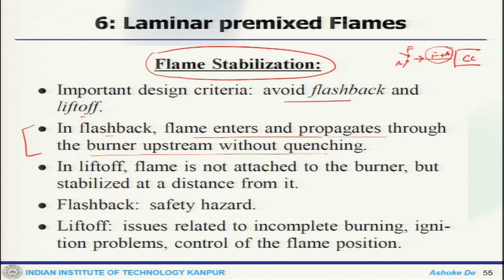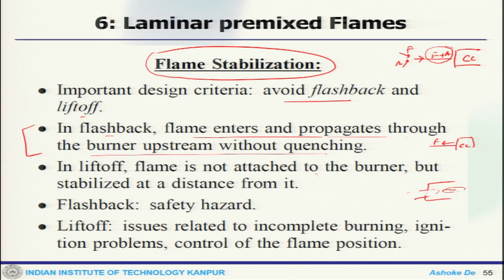So, this is what we have already seen. That means, this is my chamber and the flame actually goes there and sits there, which will damage the system. And in lift off, the flame is not attached to the burner, but stabilized at a distance from it. So, this is my system. If this is the burner, the flame is supposed to stabilize here, but due to lift off, it will stabilize like this.